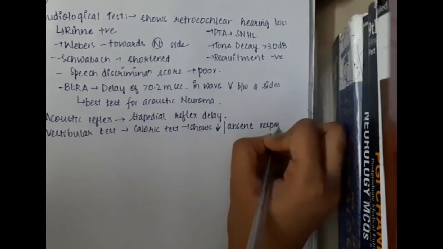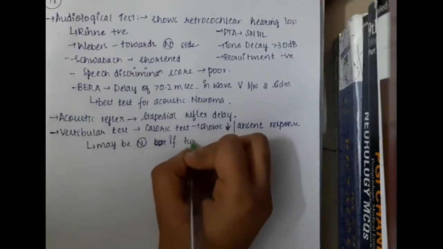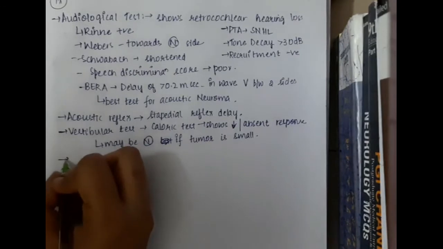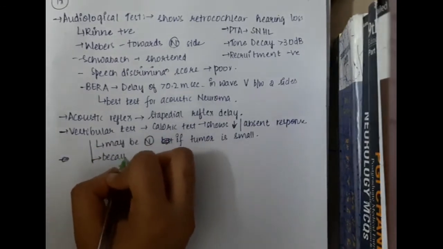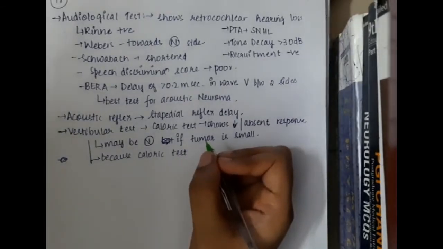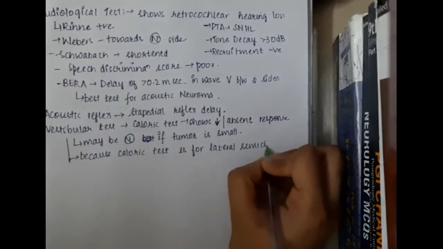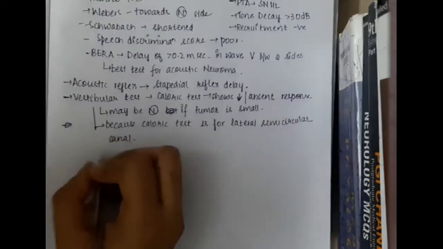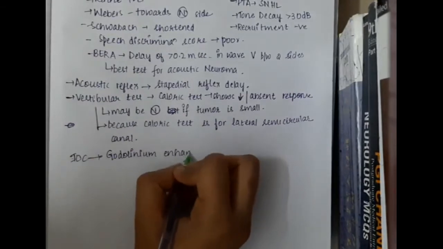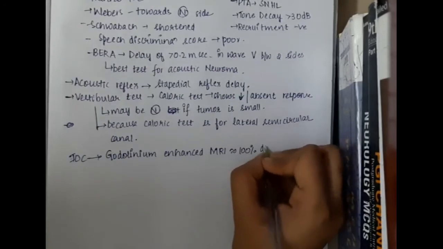It may be normal if the tumor is small, and the caloric test is mainly for the lateral semicircular canal. The investigation of choice is gadolinium enhanced MRI, which gives 100% diagnosis.